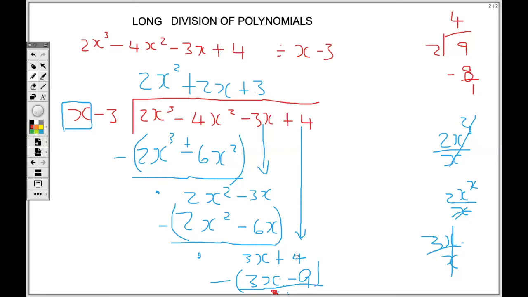So it's 4 plus 9 to give us 13. So it means my remainder is 13. So this is my remainder, and my quotient is 2x squared plus 2x plus 3.